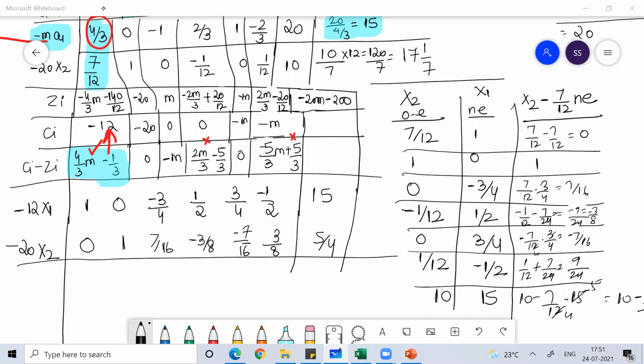This is minus 1 by 12, minus 1 by 12, minus 7 by 24. So you'll get minus 3 by 8. Then 0 minus 3 by 4 into 7 by 12. So you solve it, you'll get the answer.